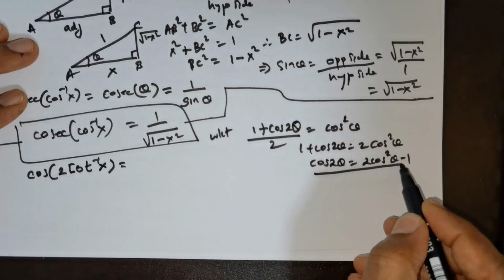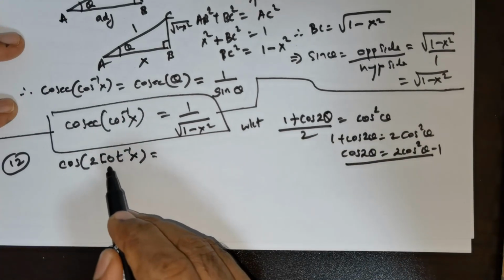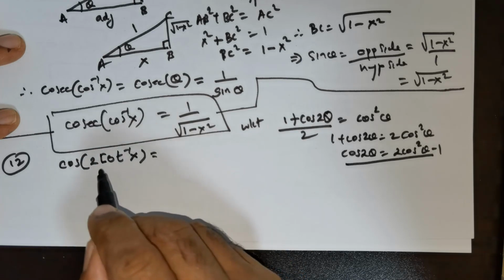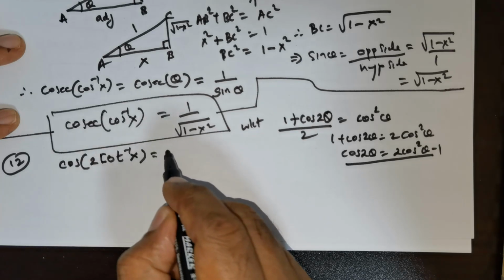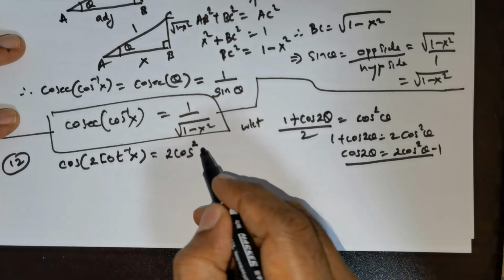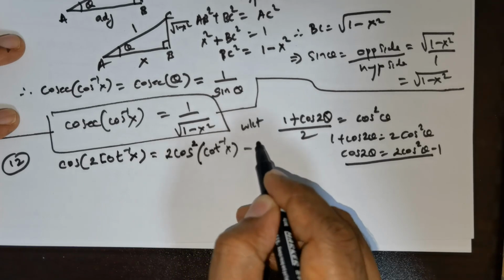So I'll be utilizing this result. In place of theta we got cot inverse of x, so this is equal to 2 times cos squared of cot inverse of x negative 1.